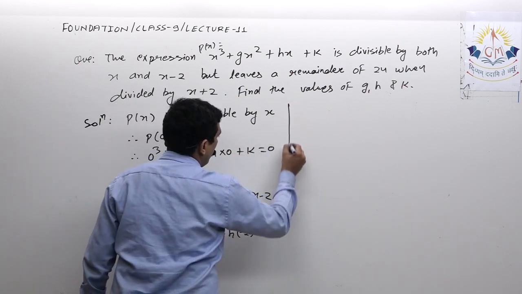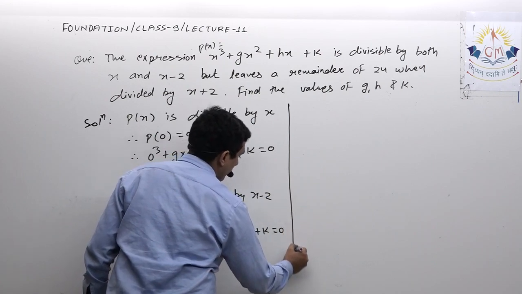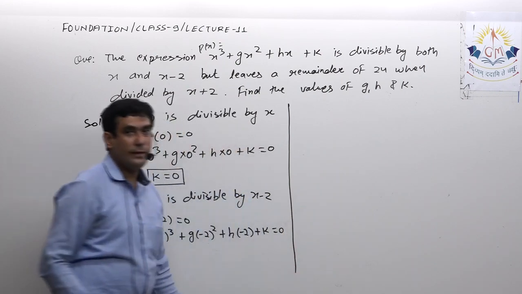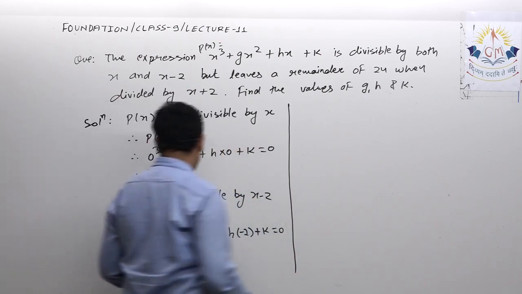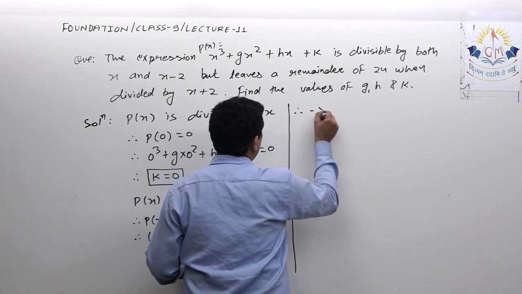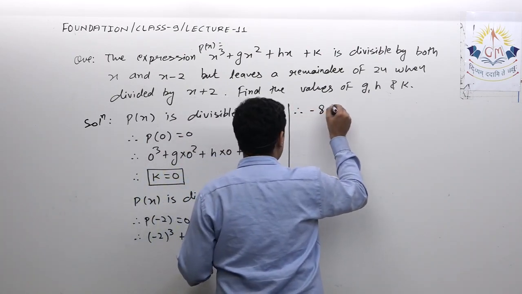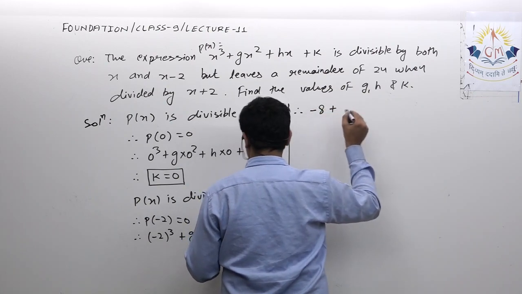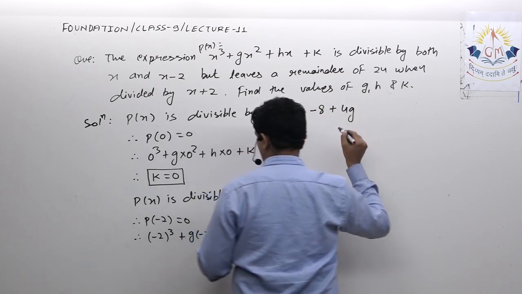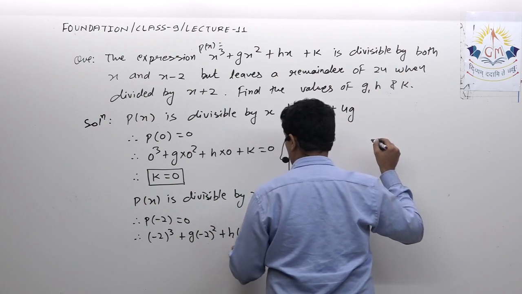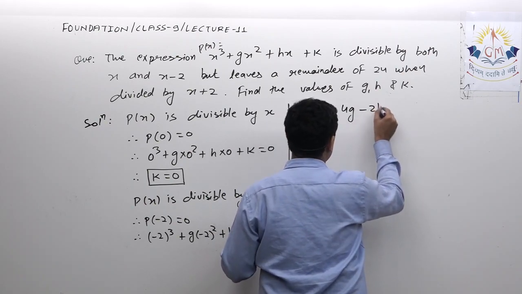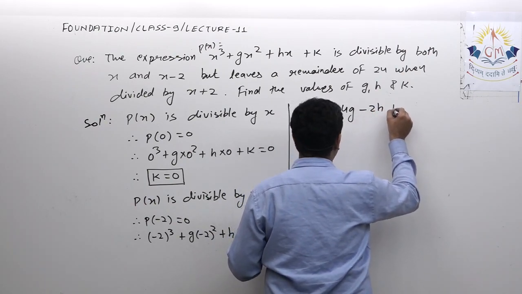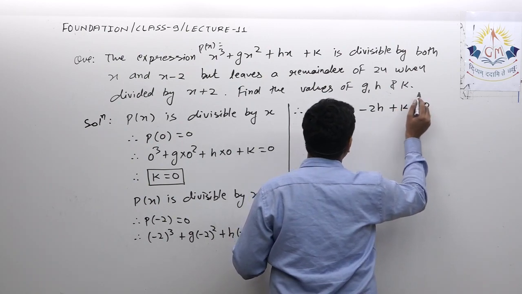When we simplify this, either we'll get the value of one variable or we'll get a relation between two variables. So minus 8 plus 4g, minus 2 square is 4, so 4g, minus 2h plus k is equal to 0.